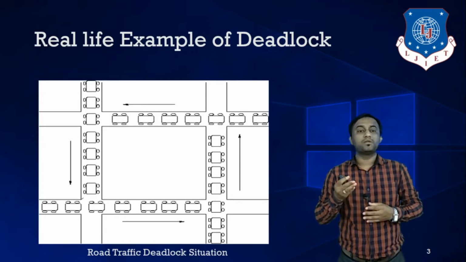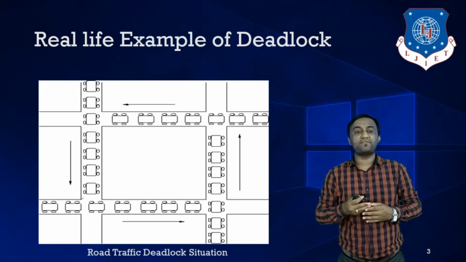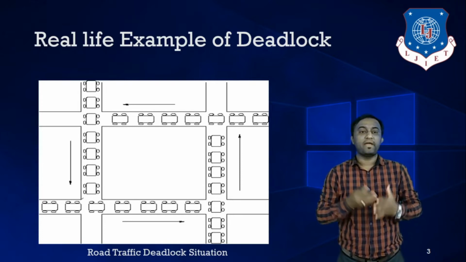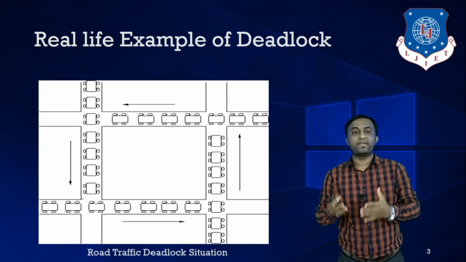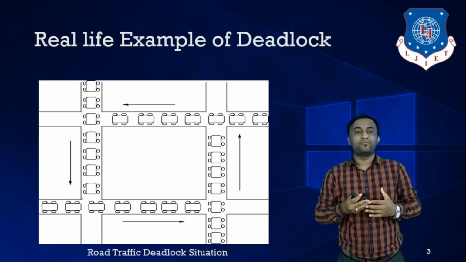by the vehicles which are traveling from bottom to top, and in the same way, in the case of the 4th scenario, the vehicles from bottom to top are blocked by the vehicles which are traveling from right to left, and these right to left vehicles are blocked by the vehicles which are traveling from top to bottom.